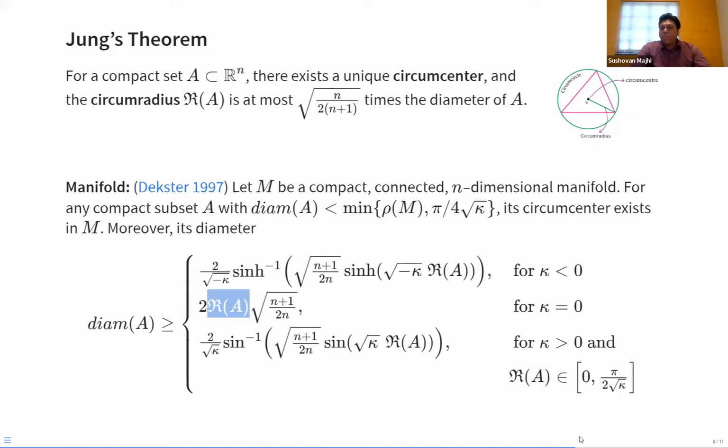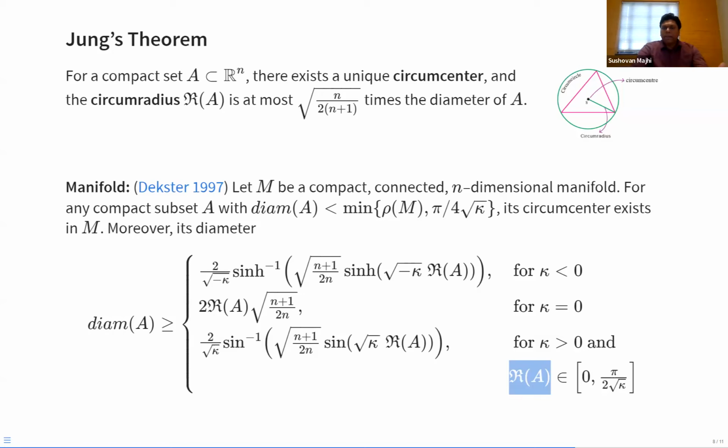But also, if you happen to have at least one point on the manifold with positive sectional curvature, then it gets tricky, but you can still control the circumradius of a compact set, as long as the compact set lies within a very small neighborhood where things are convex, the way we see things in Euclidean space. This happened to be the main ingredient for our extension of Latschev's theorem.